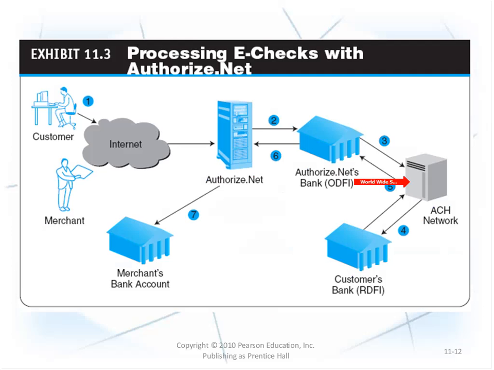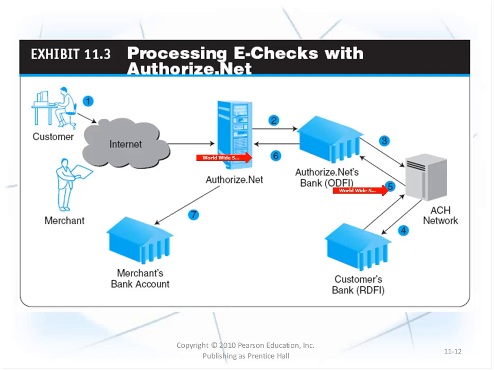When they approve that this customer is valid and there is a sufficient amount in the customer's account, they reply to the ACH network, number 5, number 6, and the ACH network.